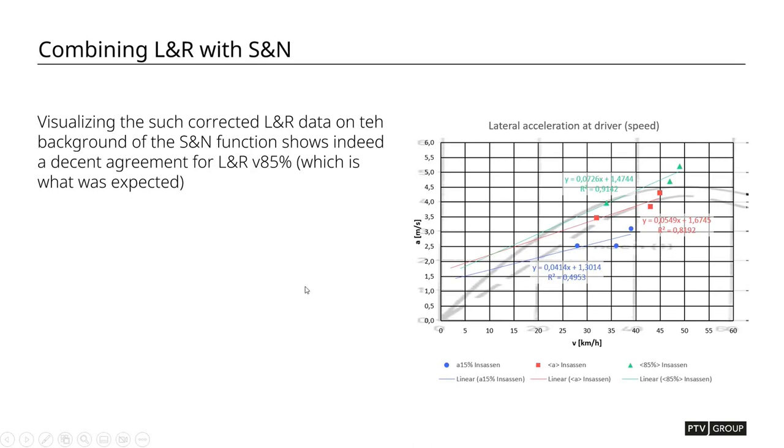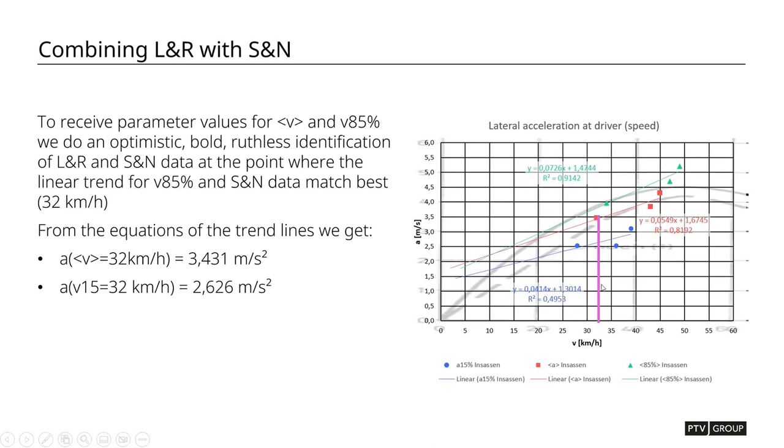And now we do a really optimistic step, saying that where the agreement of the trend line, and the trend line is only from 3 data points for each of the 3 speeds, where the agreement of the 85% is best with Schimmelpfennig and Nackenhorst, there we compute the parameter values for average speed and minimum or 15% speed with Lindenmann and Ranft speed as basis, but for the Schimmelpfennig-Nackenhorst function.